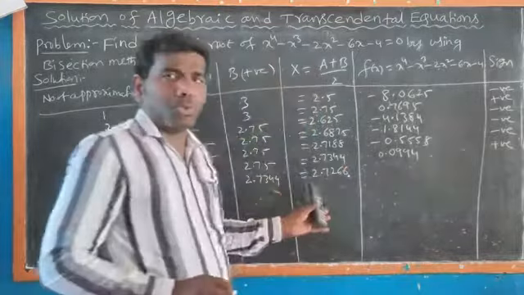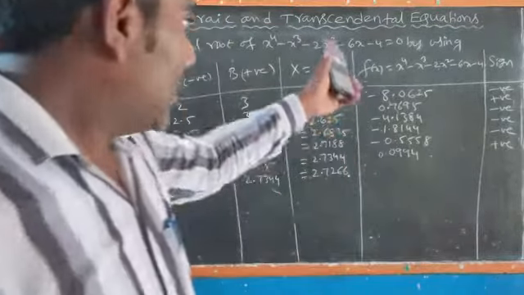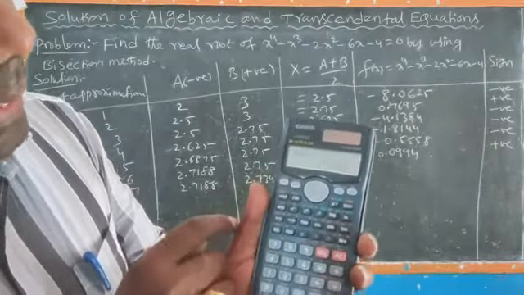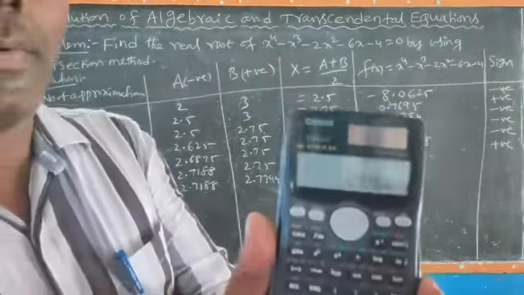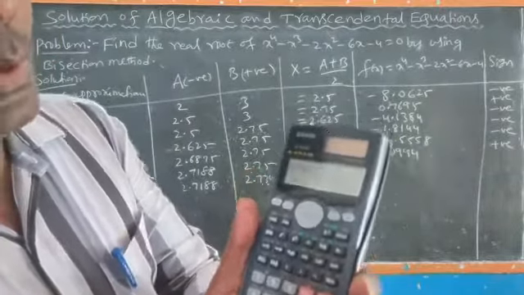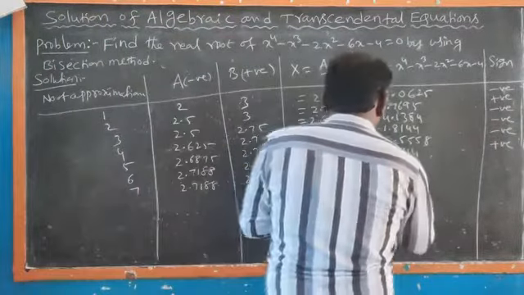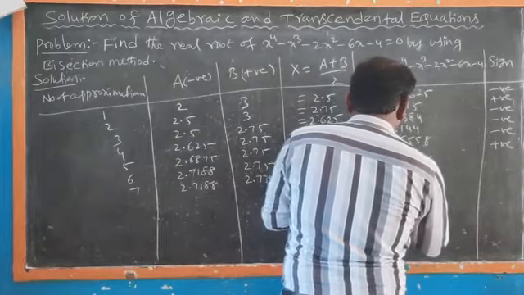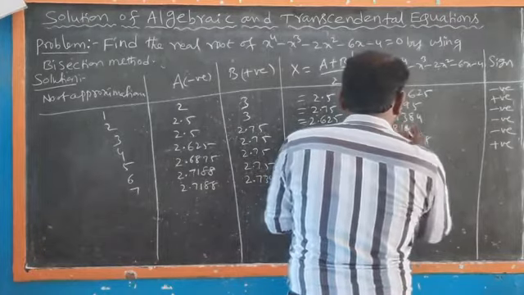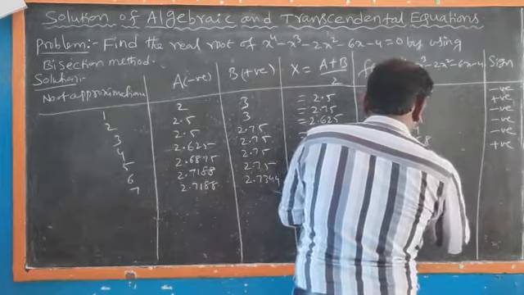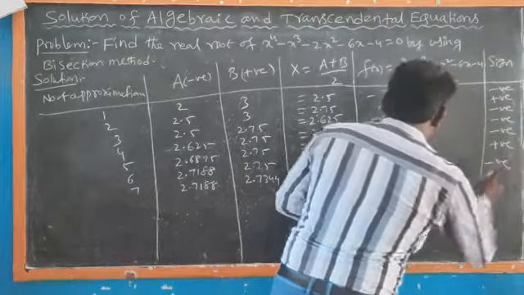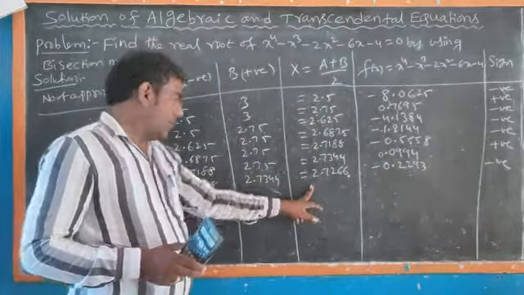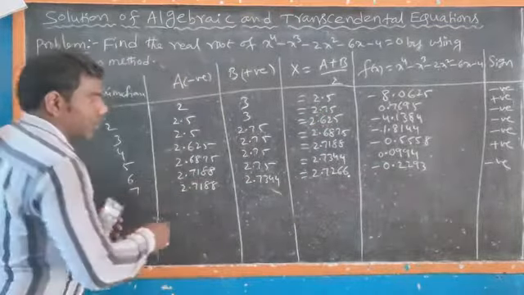Substitute this x value in that function, go back, we get the equation, calculate, then x value 2.7266 gives minus 0.2293.